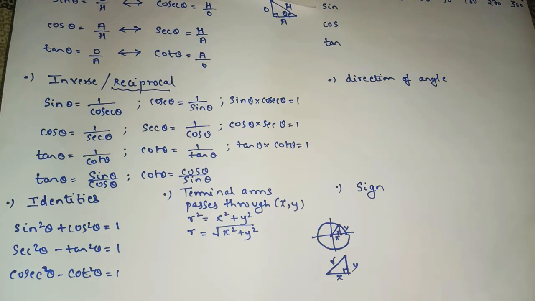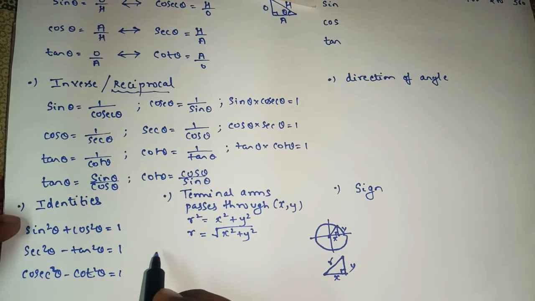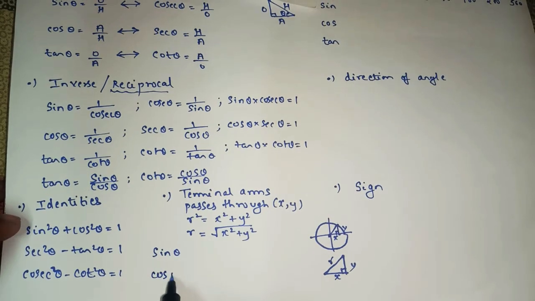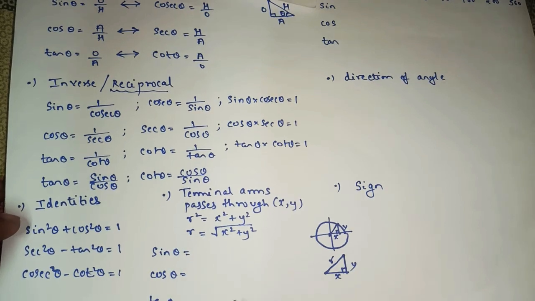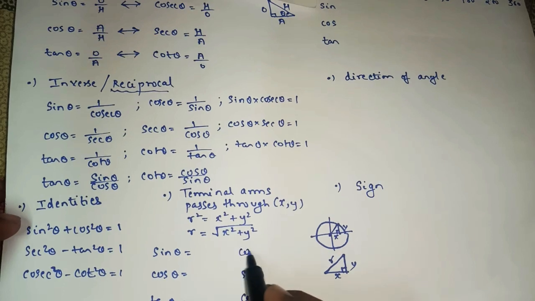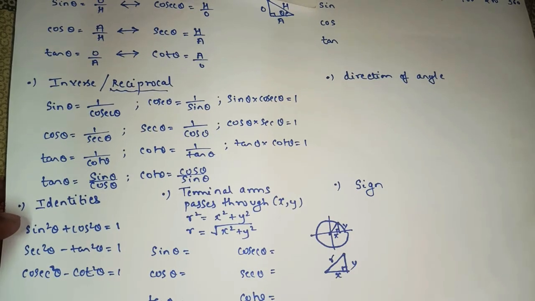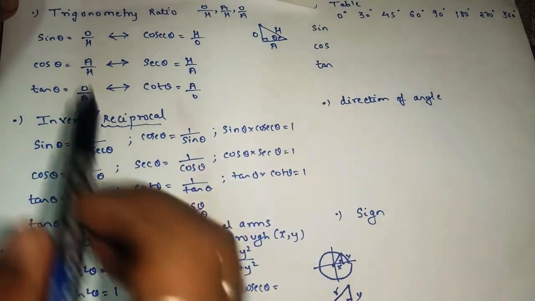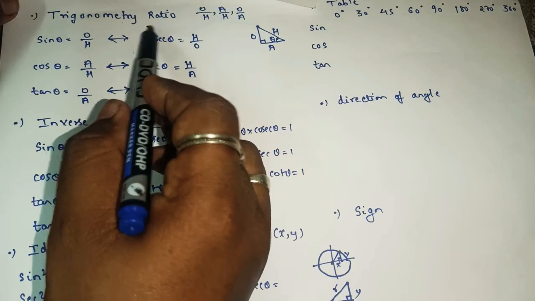After this we have to find the formulas for sin theta, cos theta, tan theta, then cot, sec, and cosec. So now we'll see how to find the answer using the trigonometric ratio formulas.